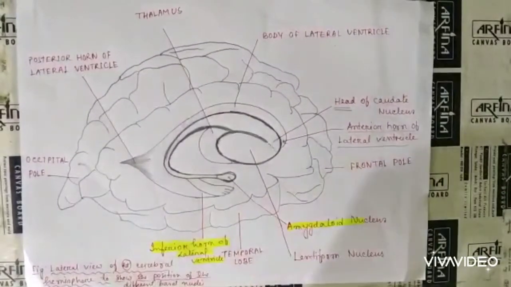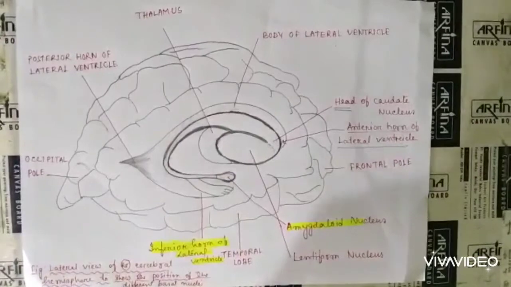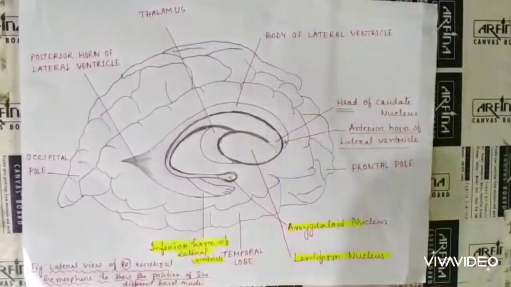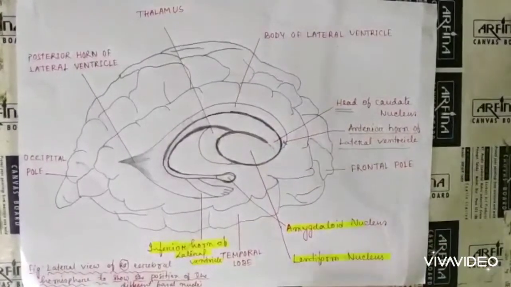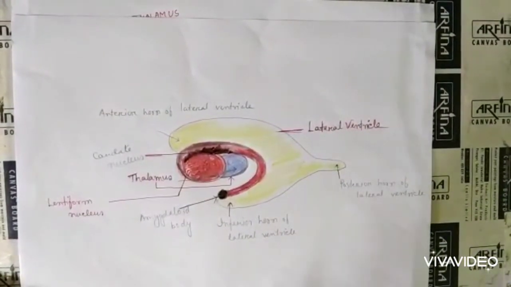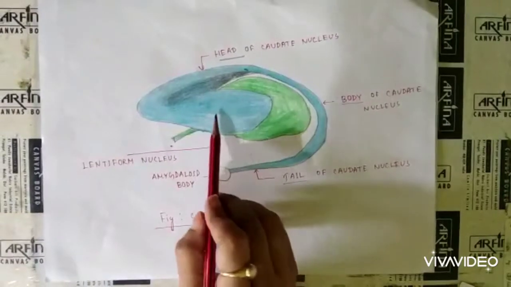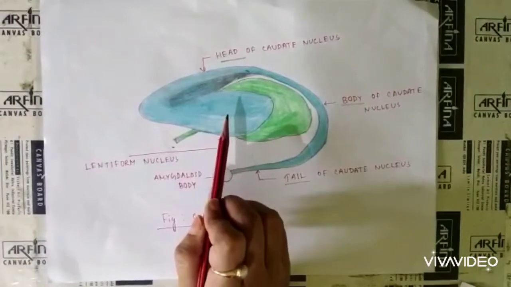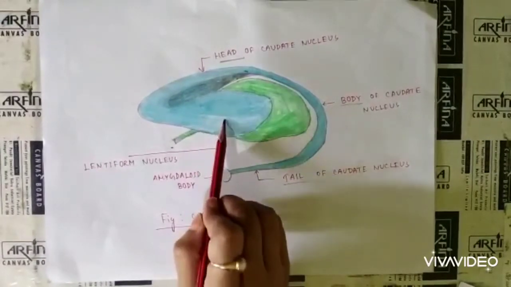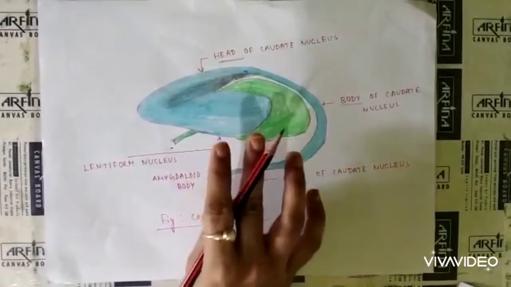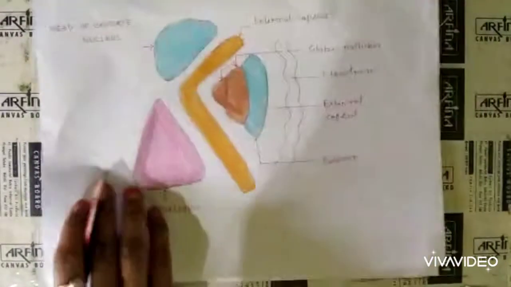Then come to the lentiform nucleus. This portion is the lentiform nucleus, a large biconcave nucleus, and it is divided into two parts, medial and lateral.